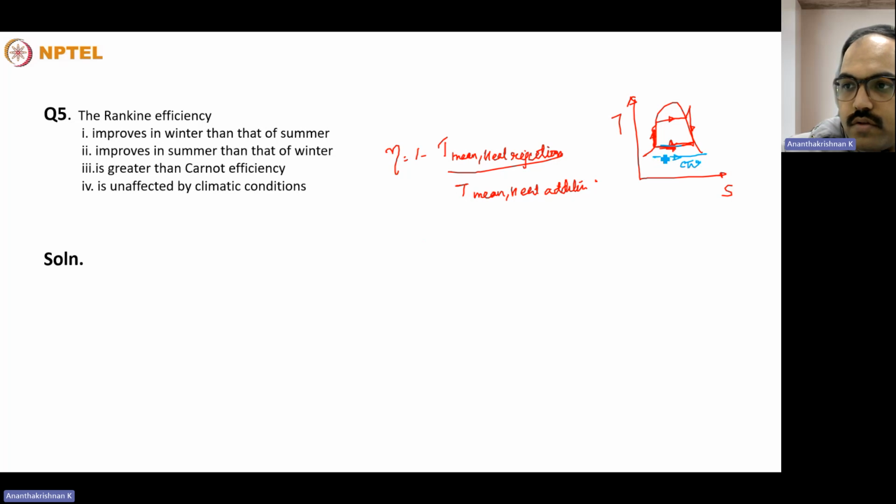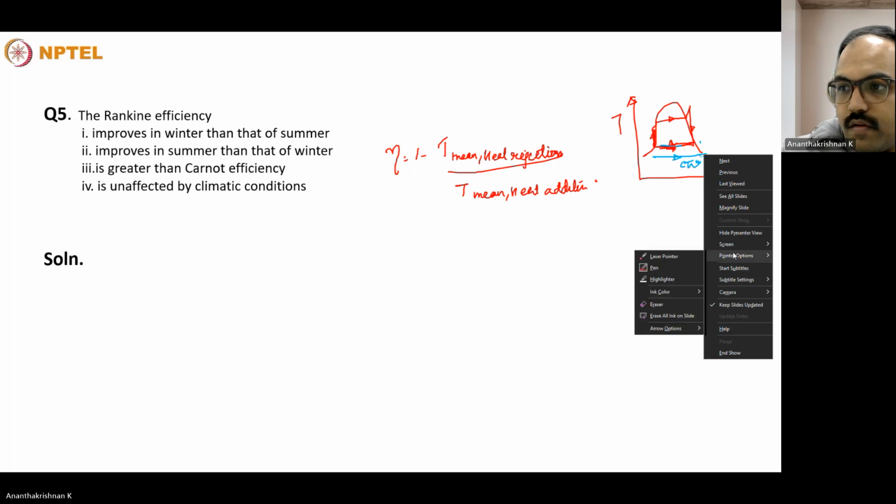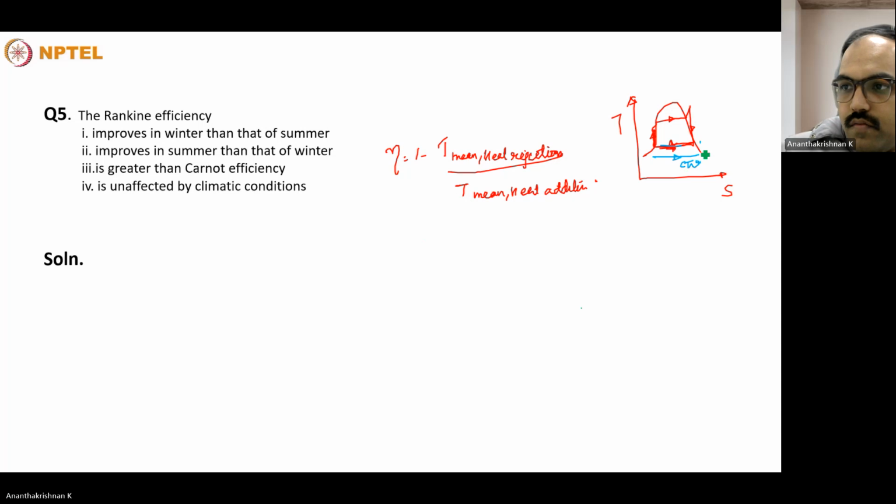Once it comes down, the total area occupied under the cycle increases for the same heat input, the net work output increases.